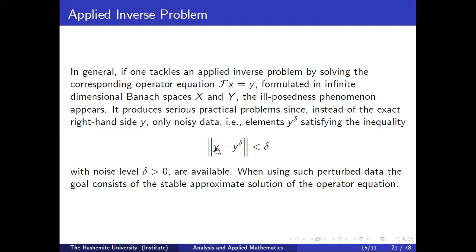So we will say that the error in the measurements is less than some delta. So delta is called the noise level. So in almost all problems, we get y from measurements, so we don't have the exact values of y. We expect to have small errors in measuring the values of y. So we would say that we don't have y, but we have y delta.